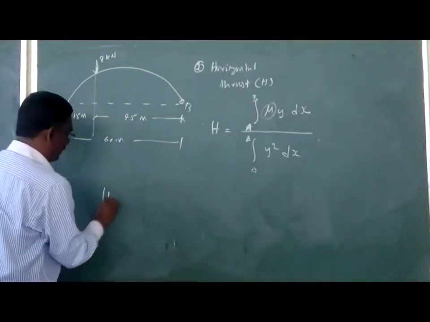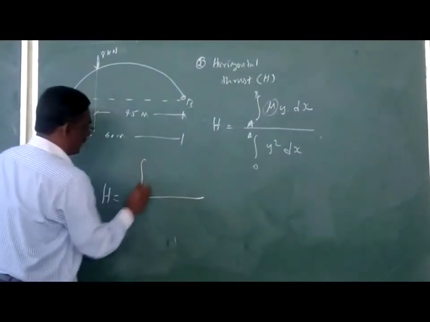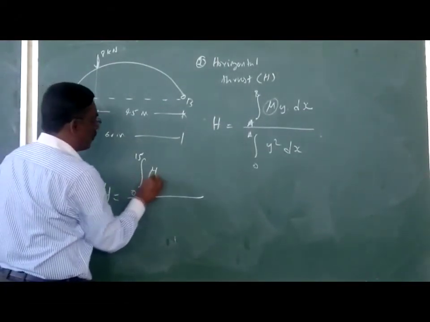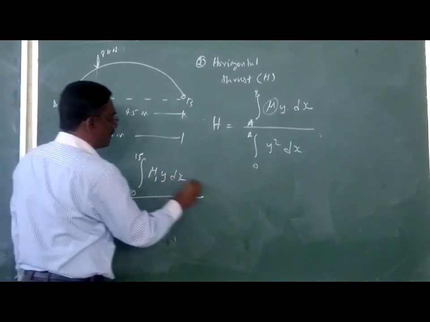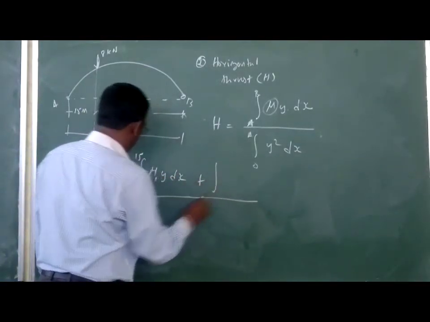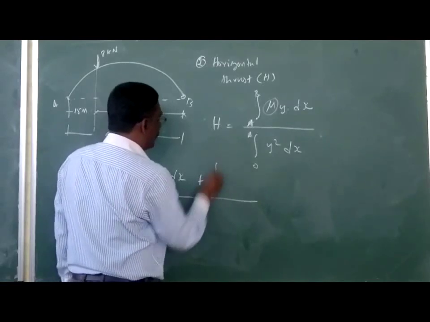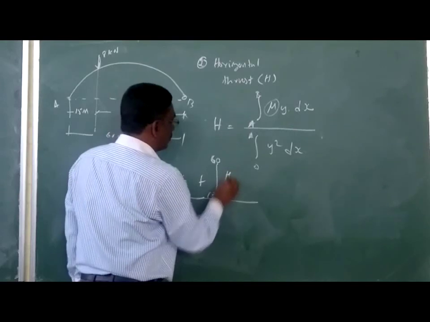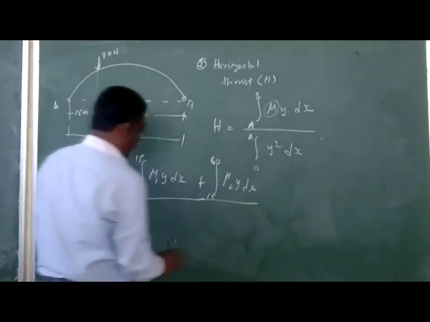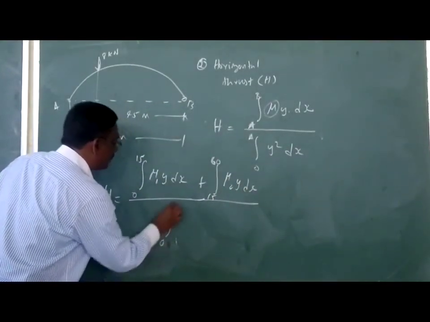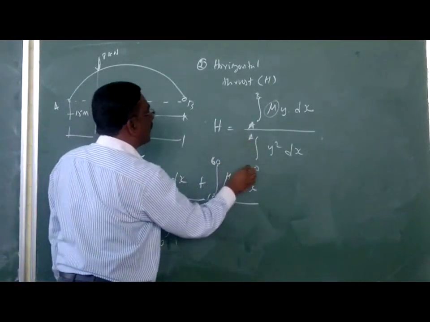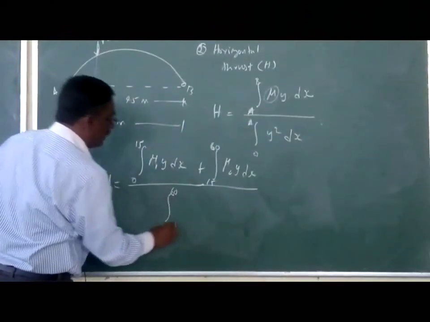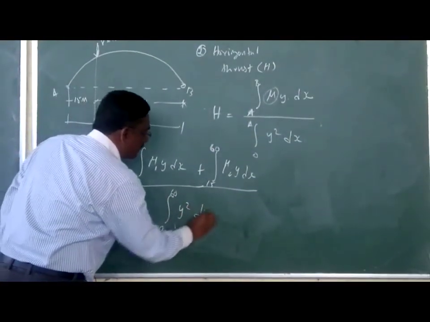So the new equation will be integral 0 to 15, first part, that is mu 1 y dx, plus integral 15 to 60 mu 2 y dx, and in the denominator, it has to be integrated across the beam from A to B, so 0 to 60 y square dx.